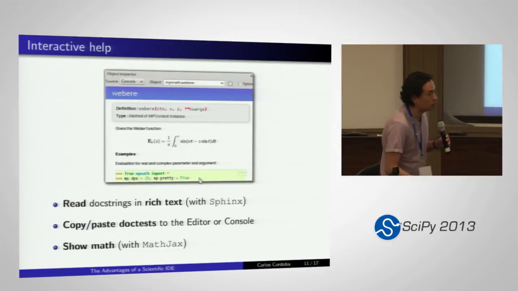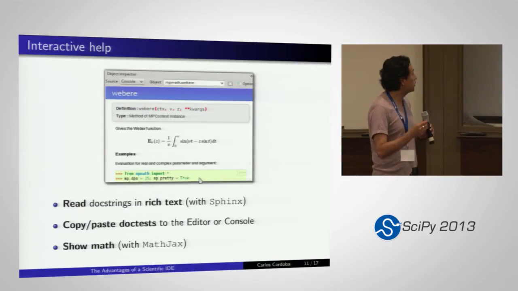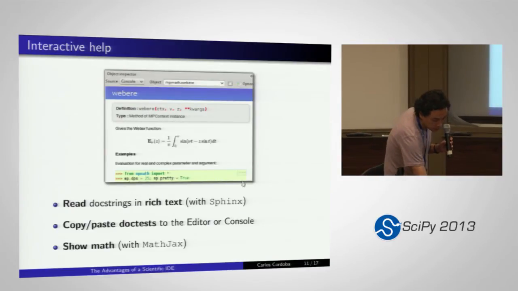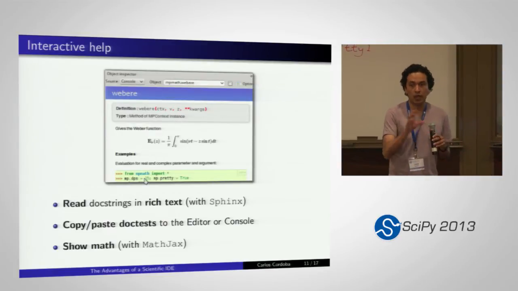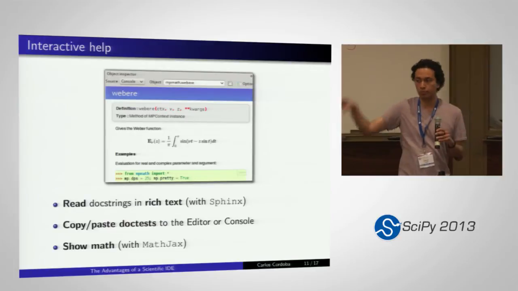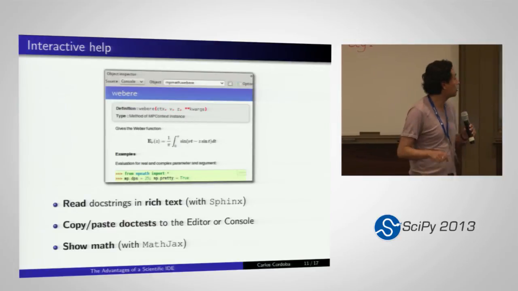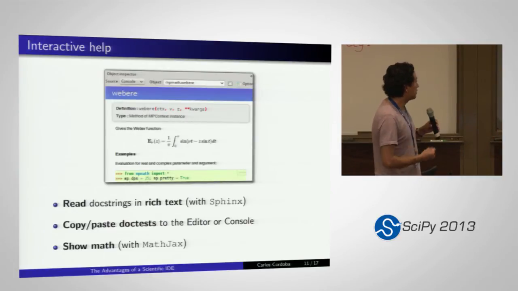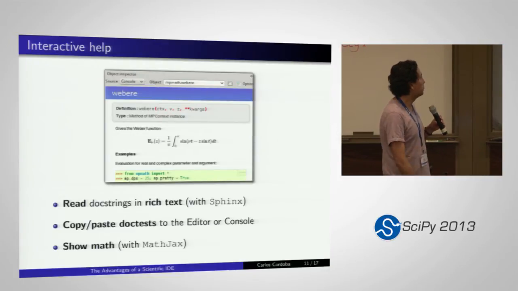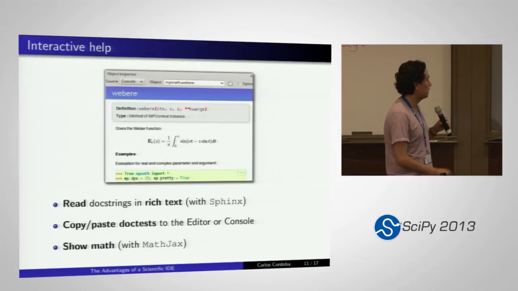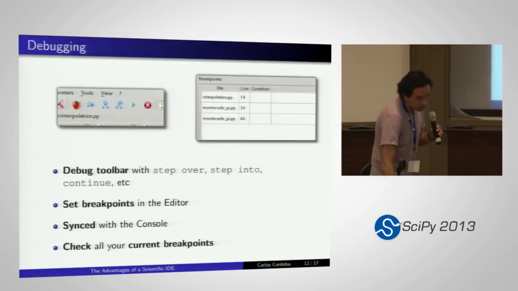There is some syntax highlighted doctest, and by pressing this button, the prompts and the output are hidden, and the user can easily copy that code and put it in the editor or in the console. And finally, as I told you too, we can show LaTeX mathematics using MathJax in the background.